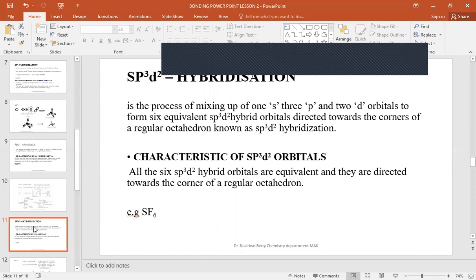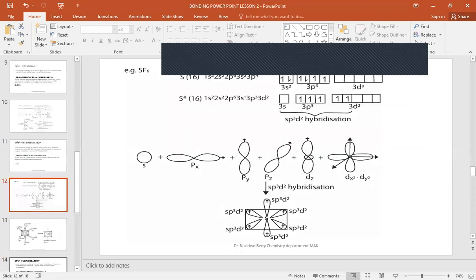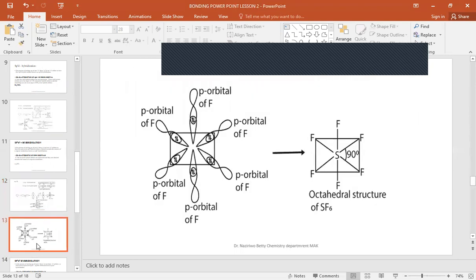For this type of hybridization, all the orbitals are equivalent. An example is sulfur hexafluoride. The orbitals are as follows. They are all equivalent, resulting in an octahedral structure at an angle of 90 degrees.